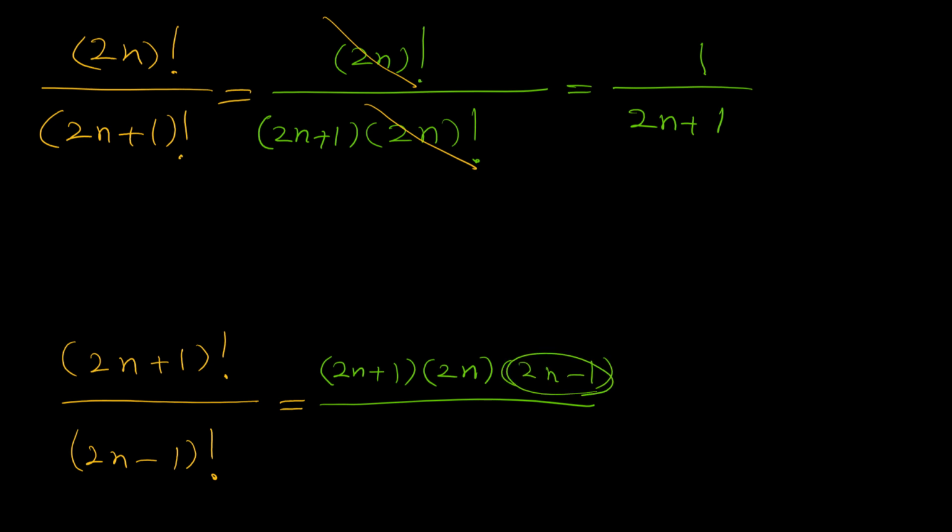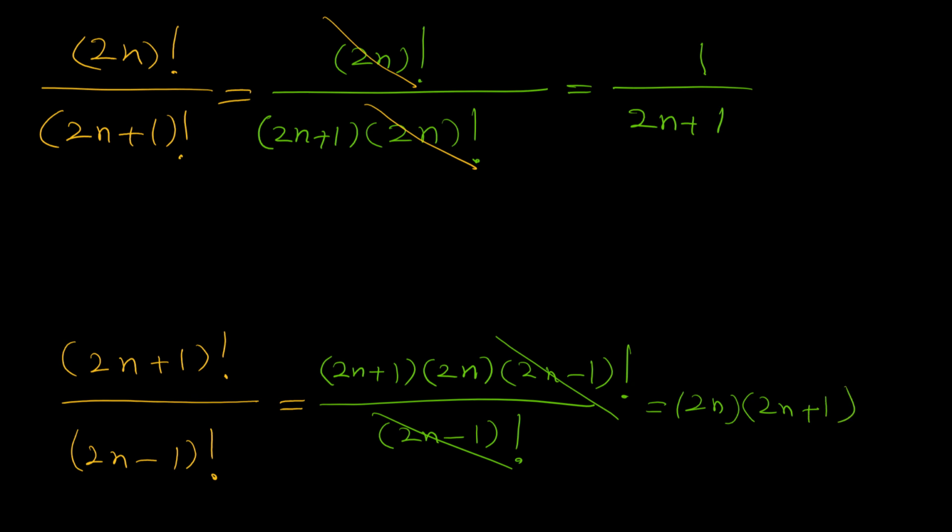Now that we have exactly this, we stop here and we put an exclamation mark or factorial notation here. And then we keep the denominator. These two cancel, and the answer is 2n times 2n plus 1. I changed the order of these two terms because this is multiplication. The order of multiplication, the order of the brackets, doesn't matter.